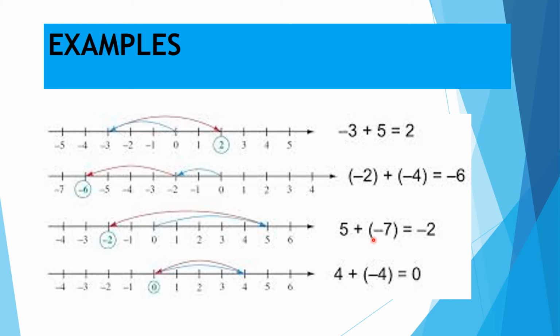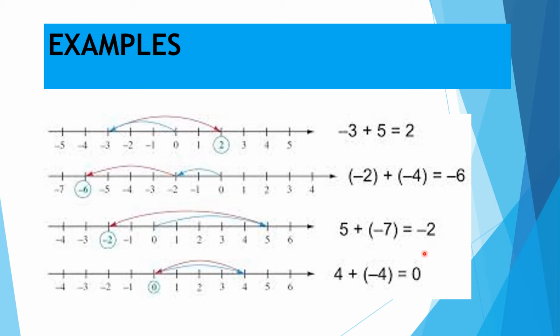When it is a minus sign, you are moving to the left side. So let us move to the left side, 7 steps. 1, 2, 3, 4, 5, 6, 7. So where do we reach? We reach minus 2. So 5 plus minus 7 is minus 2.